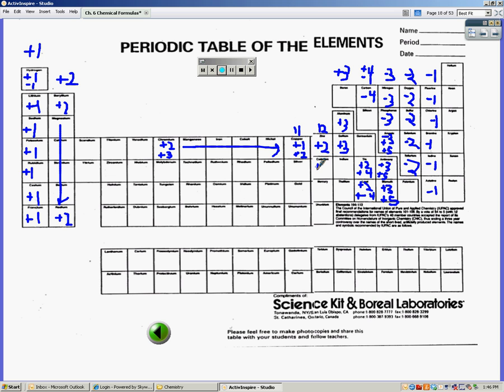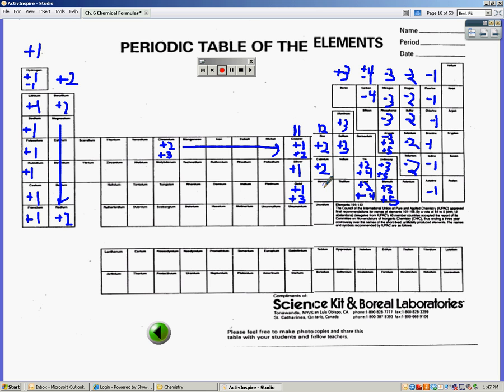Same thing for the one below it, cadmium, only a +2. Silver, again, I'll look back up at the group. That helps me remember that it's a +1, and that's it. Gold, also in that 11 group, its charges are a +1 as well, but then +3.